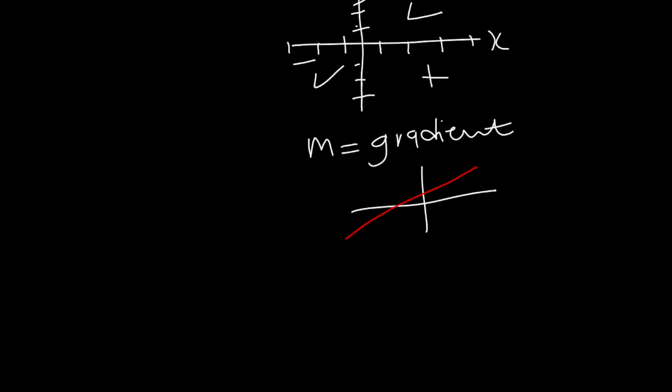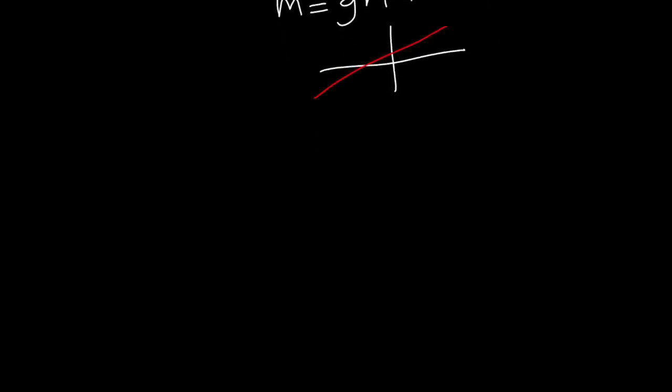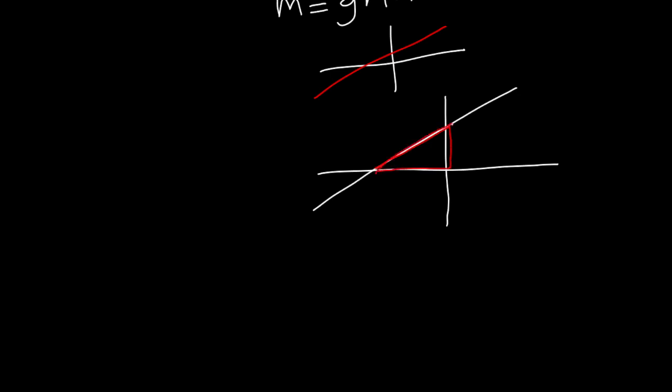Looking at the Cartesian plane, we can see that it's possible to find the slope. So it's highly possible to find the slope, right? So we are talking about something like this.